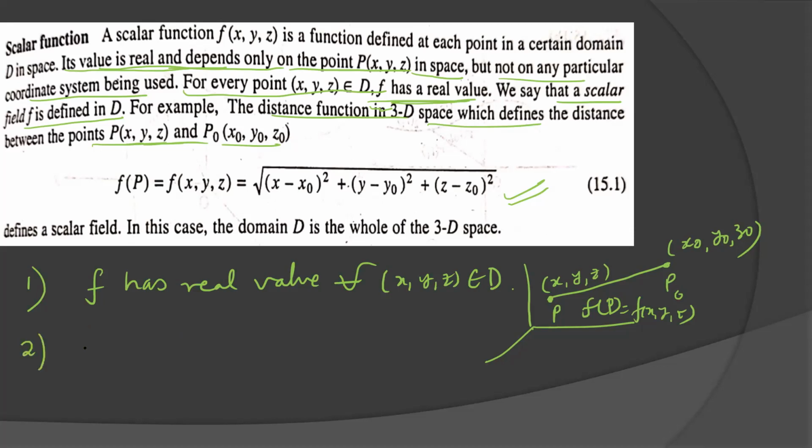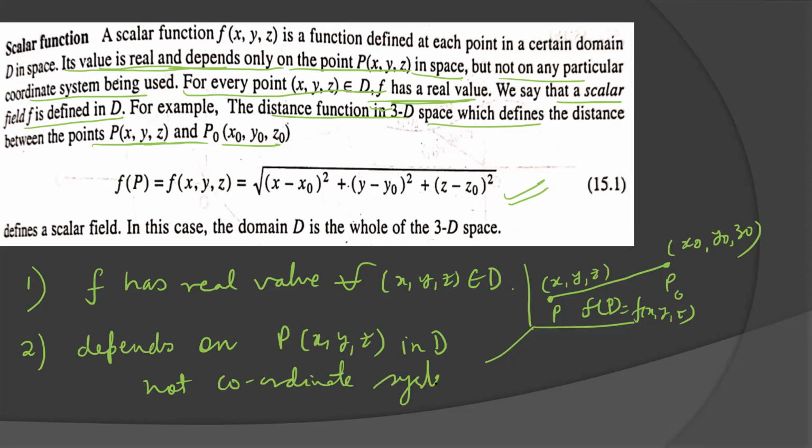It depends only on the point (x, y, z) in D, not on the coordinate system. And it is defined at every point in the domain. If you are taking a domain, then f must be defined at each point in this domain. Then f is called a scalar function.